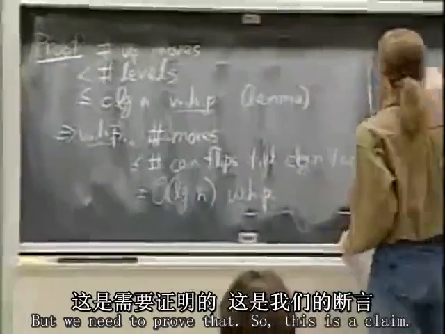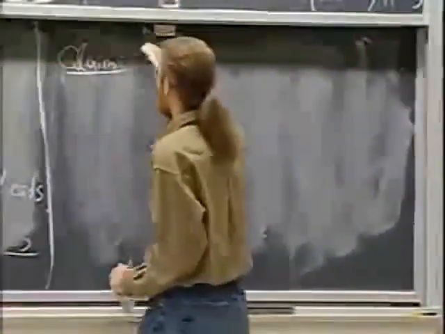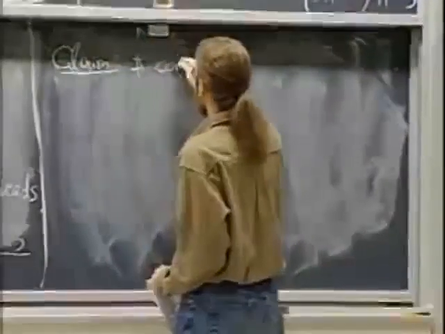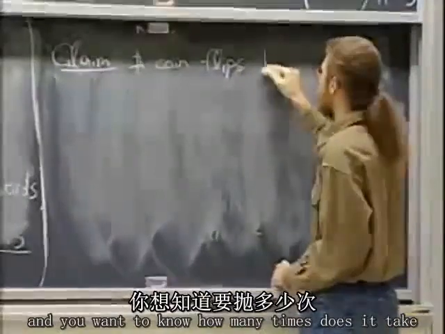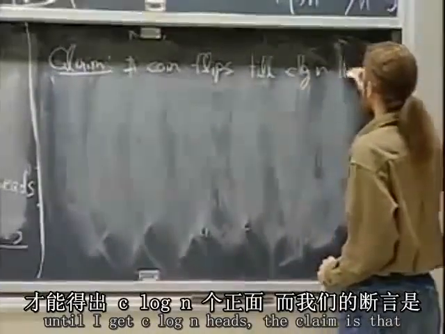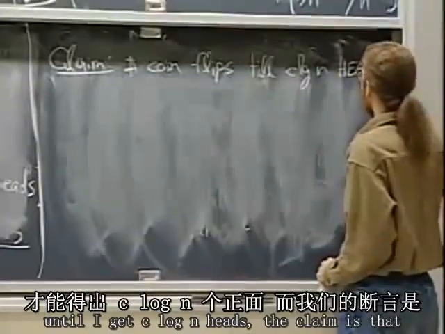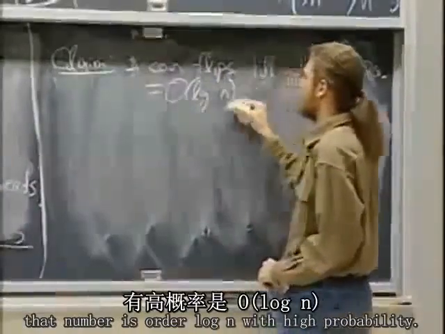So if you just sit there with a coin and you want to know how many times it takes till I get C log n heads, claim is that number is order log n with high probability.